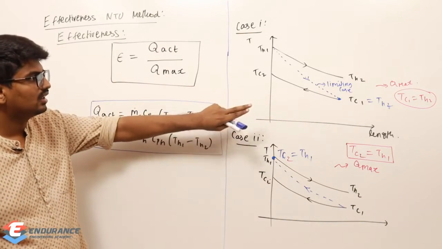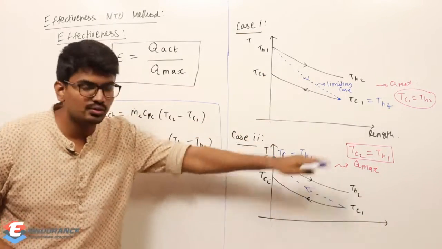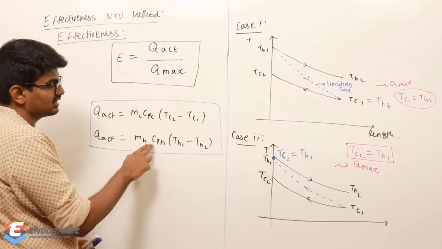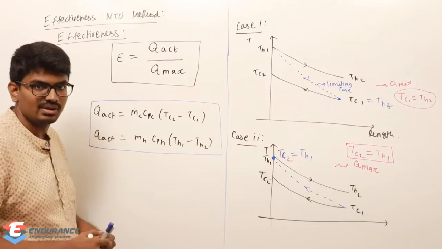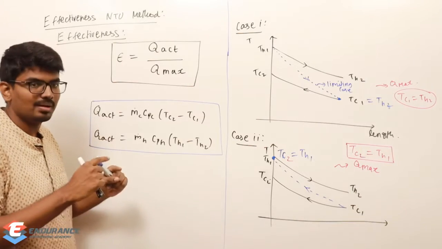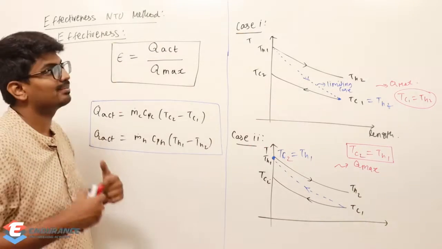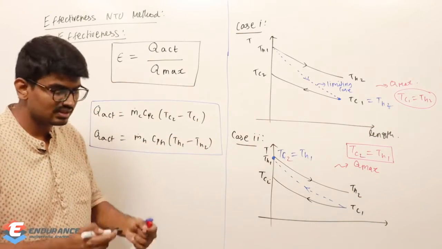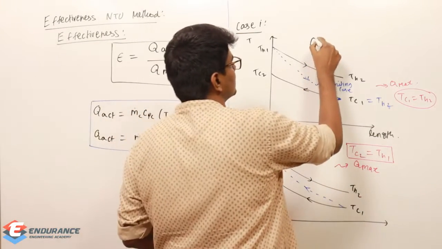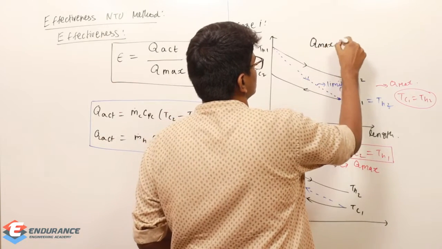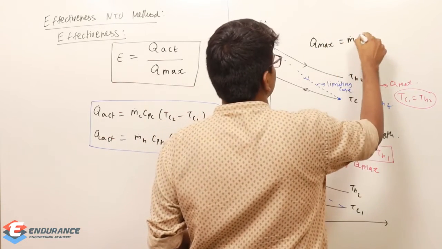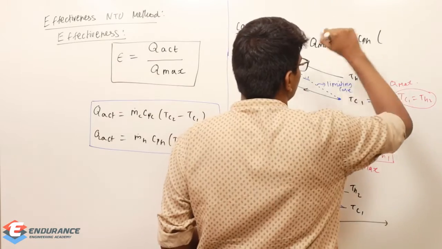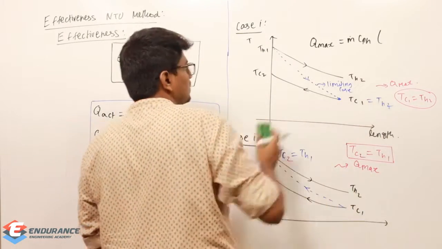We know for a hot fluid, our formula is m dot Cph into TH1 minus TH2. For maximum heat transfer, this TH2 should be equal to TC1. So that is our Qmax, m dot Cph into, I will do one small change here.